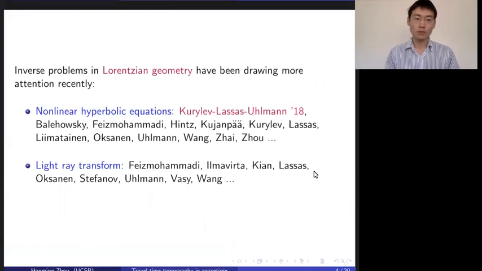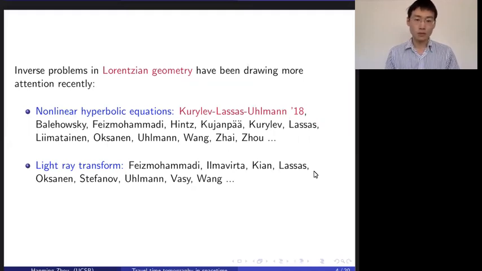Two typical ones. One is the nonlinear hyperbolic equations on Lorentzian geometry, and in particular, this is due to the initial work by Kurylev, Lassas, and Uhlmann for nonlinear wave equations or nonlinear hyperbolic equations on Lorentzian manifolds.